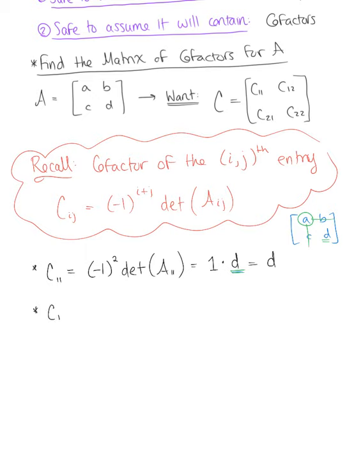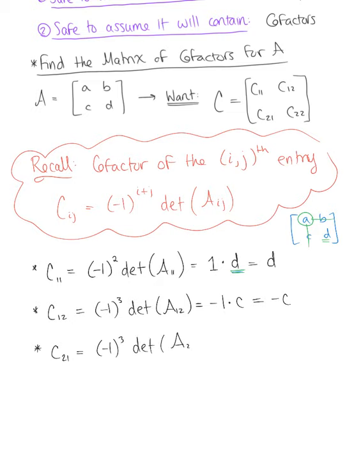So I have the cofactor in the first row, second column, which is negative 1 to the 1 plus 2, so 3, multiplied by the determinant of the submatrix A sub 1,2. So this is equal to negative 1 multiplied by C, or just negative C. Then the cofactor in the second row, first column. That's negative 1 to the 2 plus 1, which gives us 3, multiplied by the determinant of the submatrix A sub 2,1.